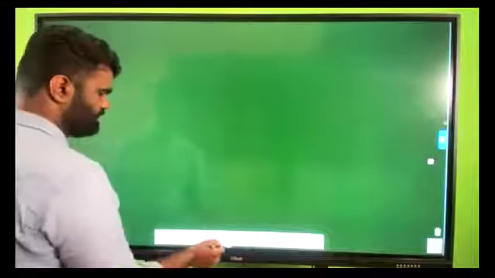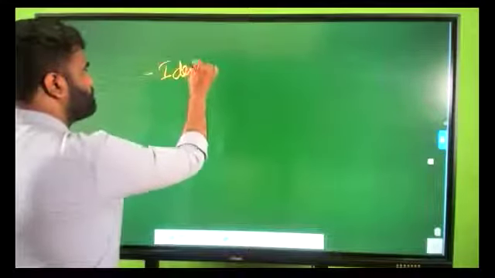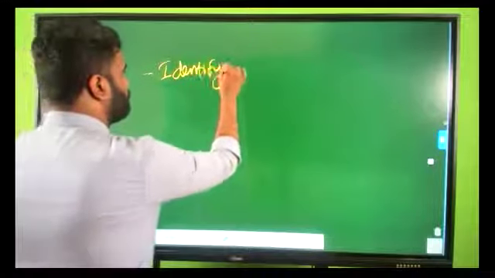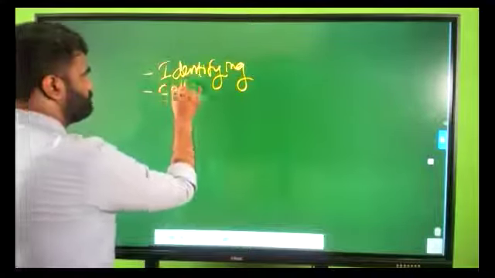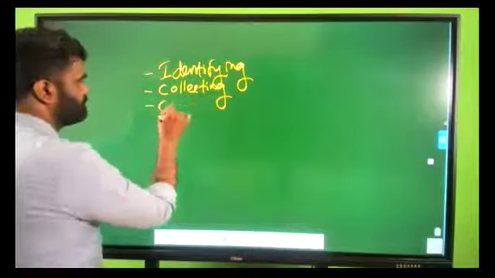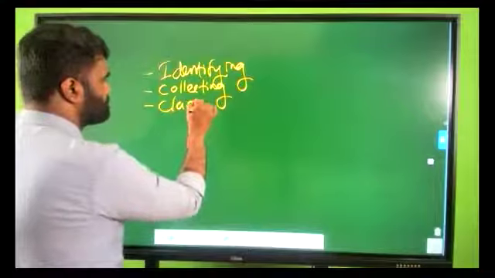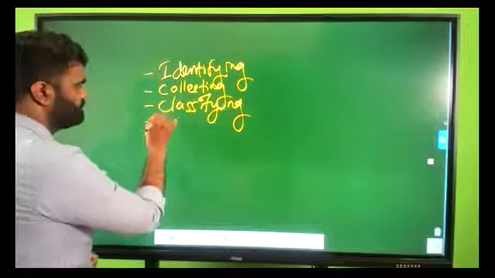we are discussing these things. What are the accounting functions that we discuss? Basically, we need to identify information. After that, collecting. Then classifying. Then recording.